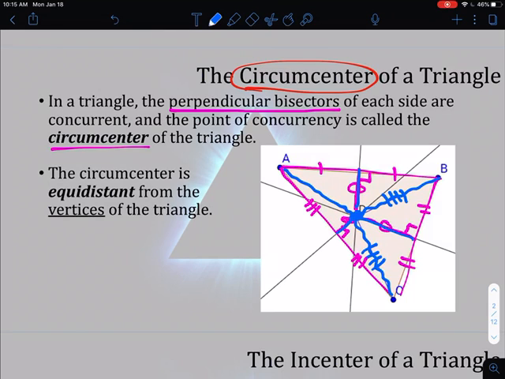And if I start at D and travel out to point A, it's also the exact same distance. So if D to A was 5 units long, that means D to B is 5 units long, and D to C is 5 units long. There are a couple of things we want to make sure we understand with the circumcenter. It's made from perpendicular bisectors, and it's the same distance from each of the corners of the triangle. Those are the key pieces to remember.